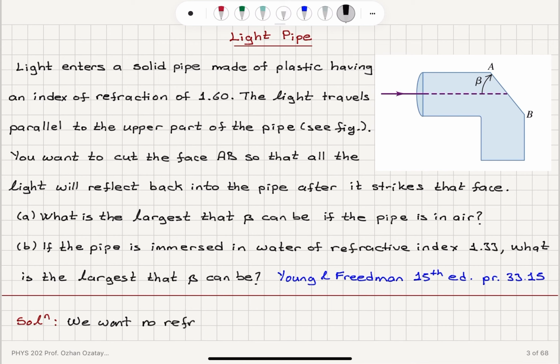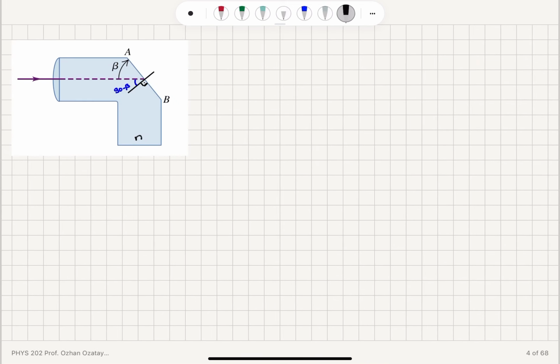And how is this possible? That means we're asking for total internal reflection. All right. So let's start with part A.